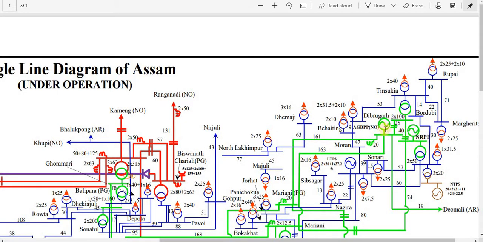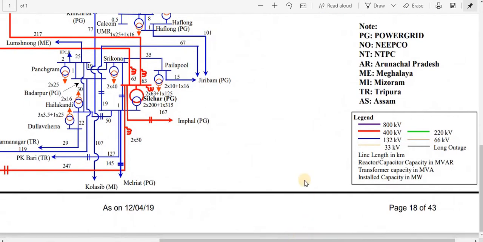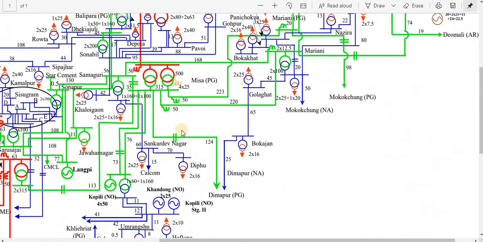Near the Kruger AGBP, one generator unit is there.